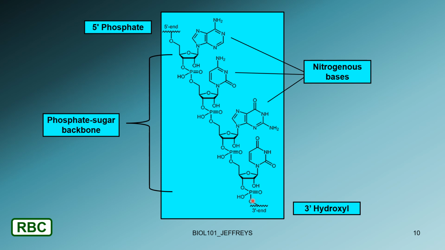You can have 1,000 nucleotides here, and you're going to have that alternating phosphate sugar backbone. And on the 5' end, see the 5' carbon has this phosphate group attached, and on the 3' end we have this hydroxyl group attached. Alright, so 5' to 3', phosphate to hydroxyl group.